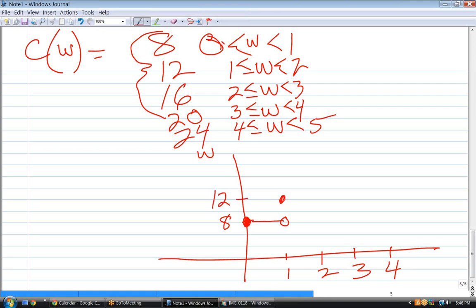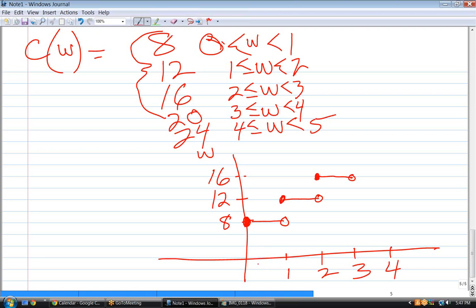Follow me here. These are all horizontal lines. Now, you see why this makes sense? Yep. And why they should all be horizontal lines. No slope lines. There is no slope anywhere in this piecewise function.